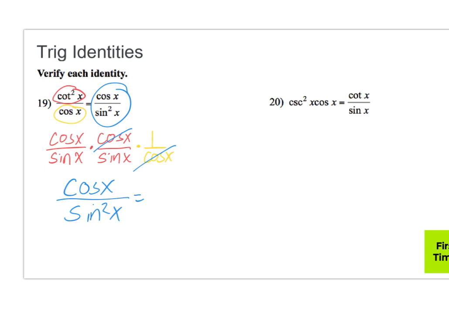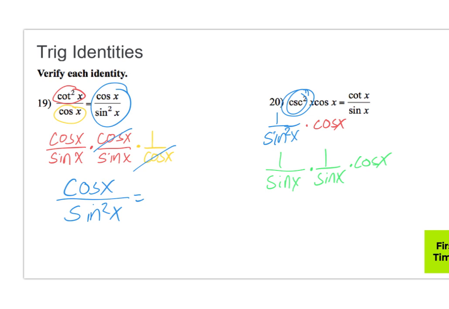I'm going to rewrite this as 1 over sine squared x for cosecant squared of x. And I'm just going to keep the cosine as is. I'm going to spread this out a little bit, so it's going to become 1 over sine of x times 1 over sine of x times cosine of x, which I can combine those two to say that this is going to be 1 over sine of x times cosine of x over sine of x.